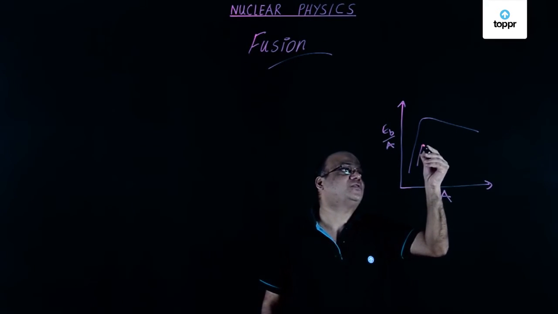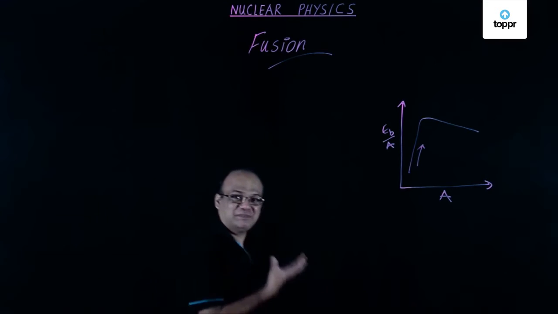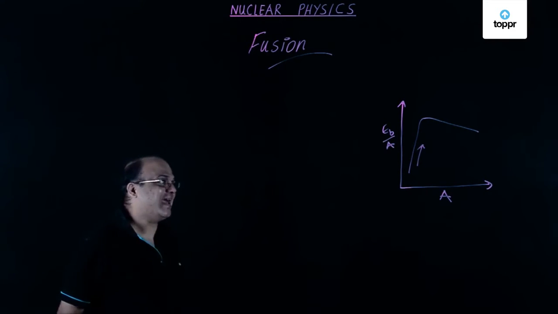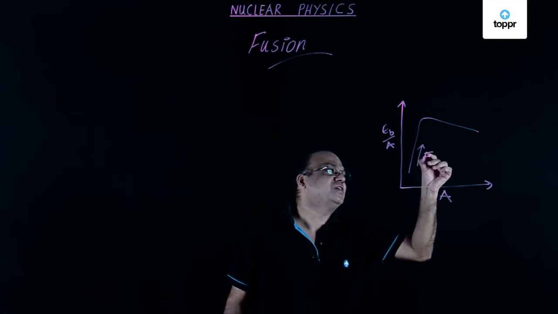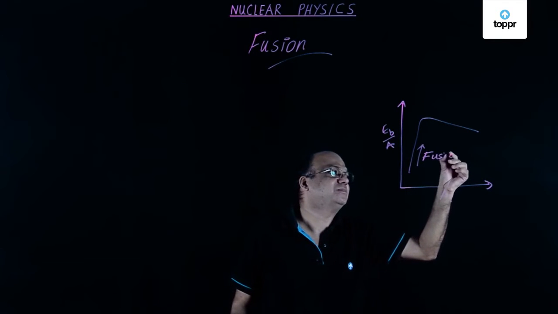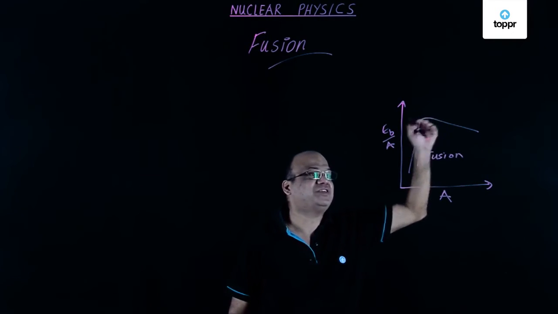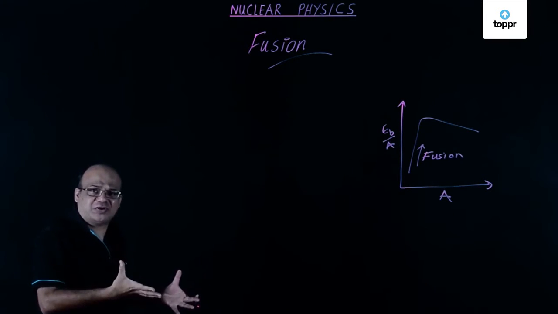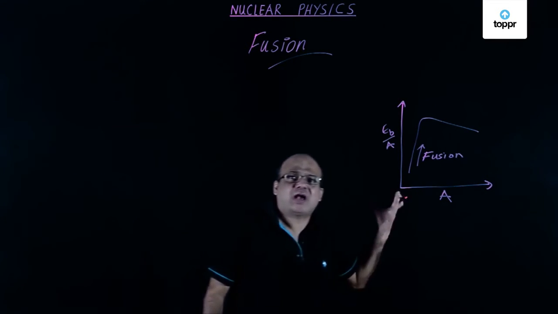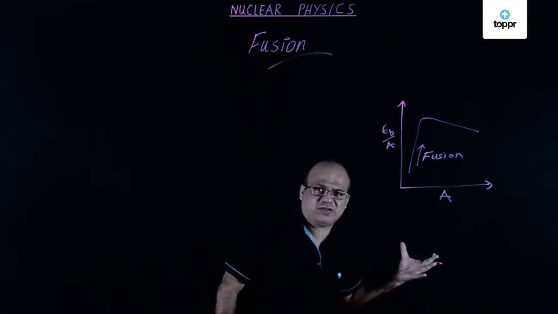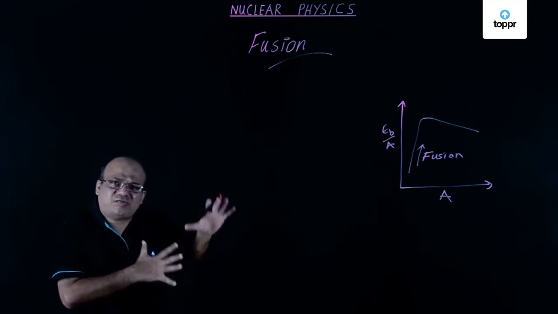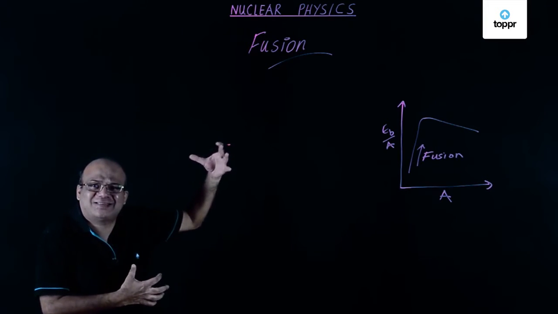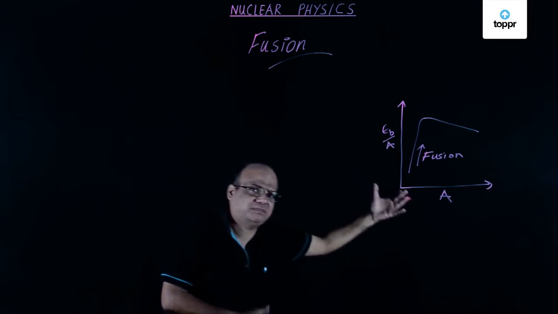As we go from here to here, binding energy per nucleon is increasing, and that is nuclear fusion. When you go from here to here, it is fission; this is fusion. So nuclear fusion is when two or more light nuclei combine to form a heavy nucleus. This is the source of energy in the sun, stars, and the hydrogen bomb.